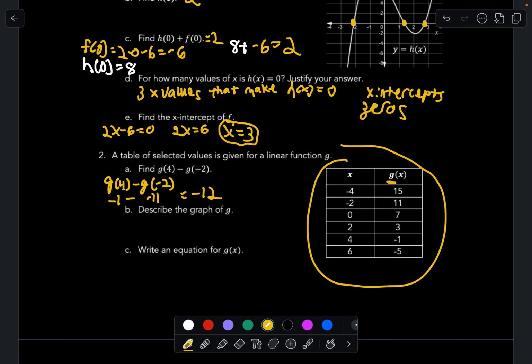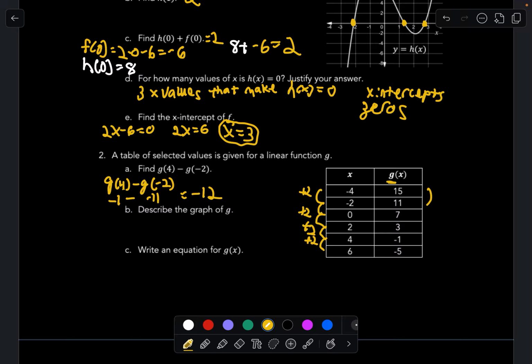All right? It says describe the graph of g. Well, if you look at this, you would see that each time x increases by 2, we saw this in Unit 3, that g of x decreases by 4.